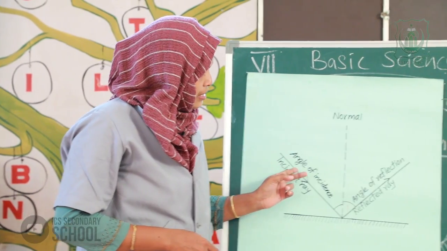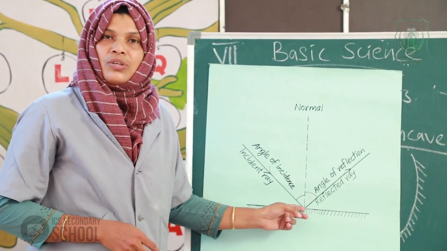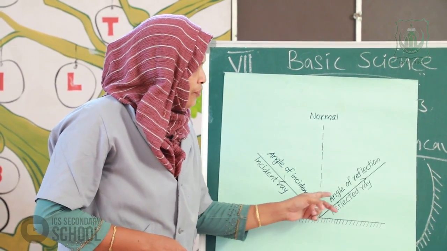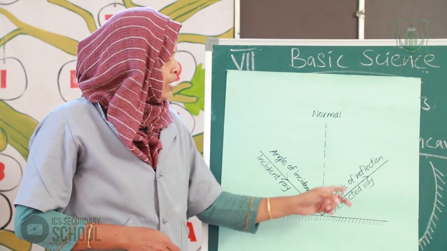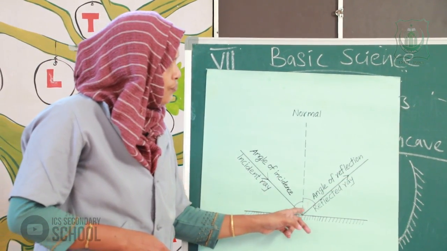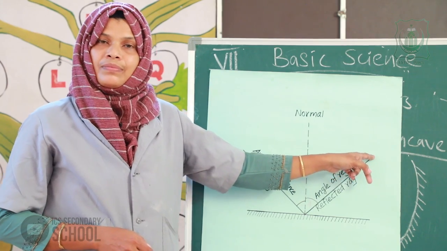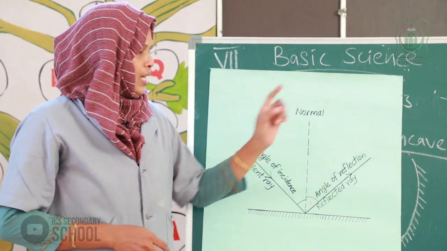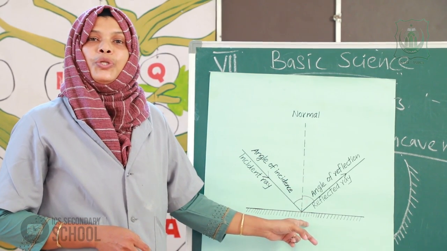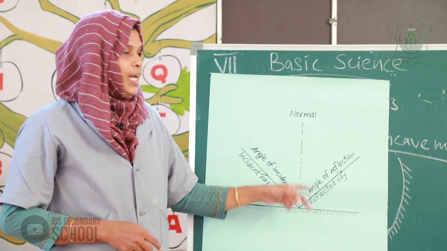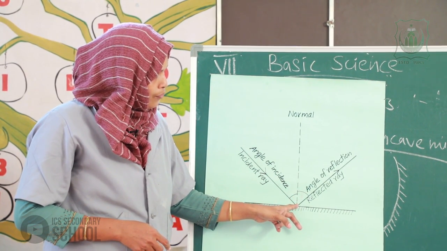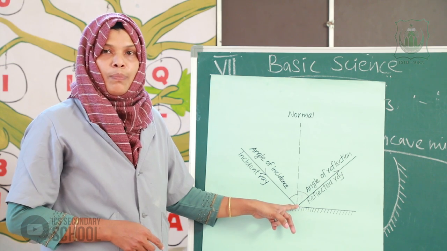The light that falls on the mirror is known as incident ray. Then reflected ray: the light reflected from the mirror is called reflected ray. Then next, normal. The line drawn perpendicular to the mirror at the point of incidence is known as normal.